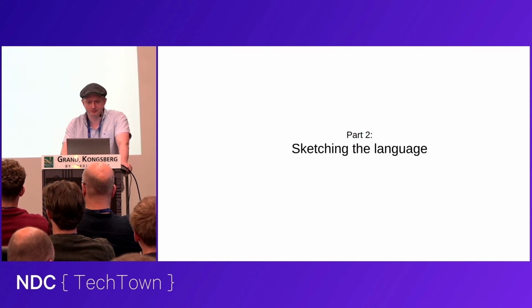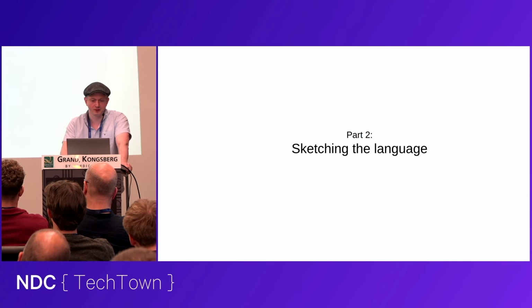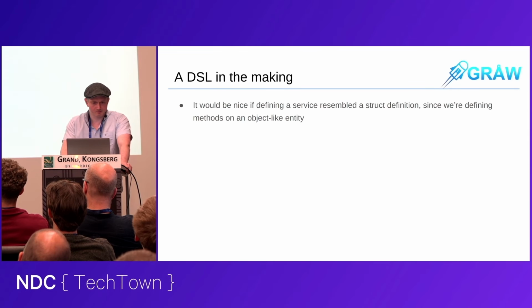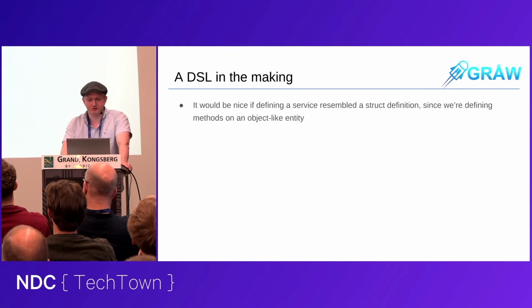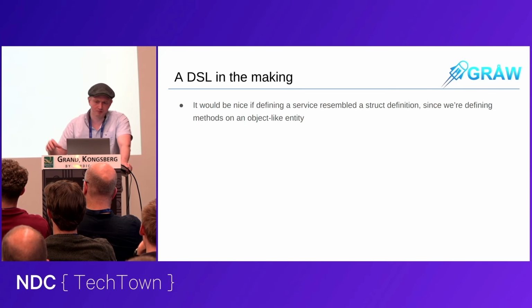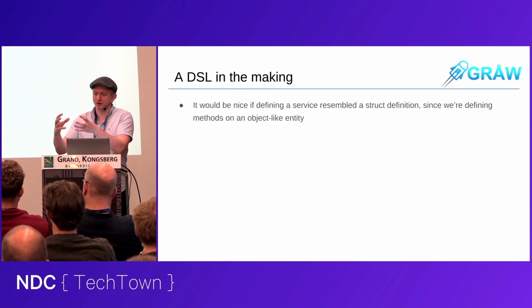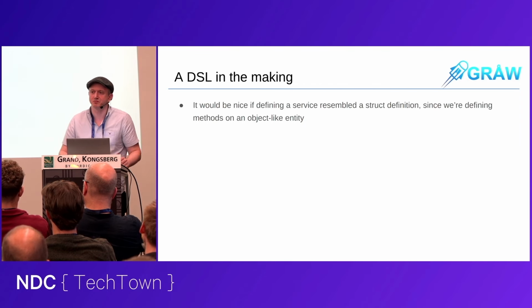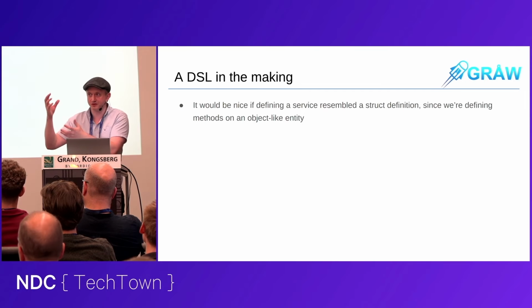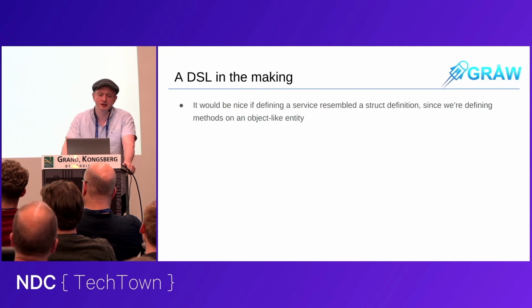And then we can talk about sketching up a small language to use for this API JSON RPC definition. It would be nice if it resembled how you would write a struct definition in Rust loosely, because essentially we're making a declaration of an API to an object-like entity, which is a service, an API service that you would be hosting, for instance.